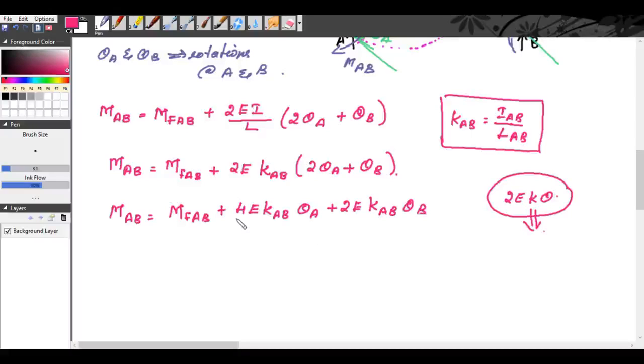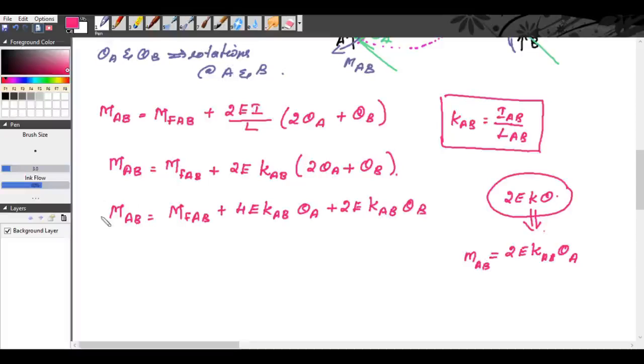That means, in the first case, 2EKAB into theta A can be taken as small mAB.